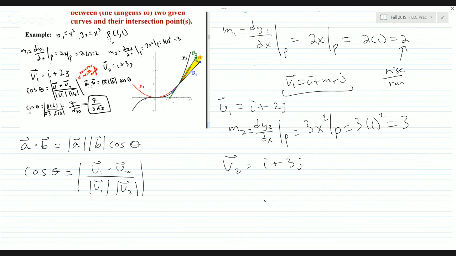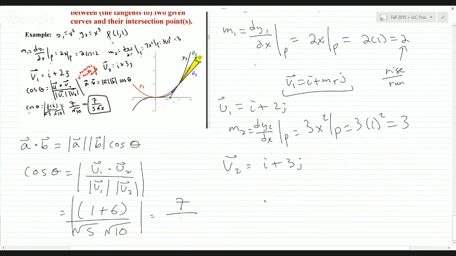This is equal to 1 plus 6 all over square root of 5 square root of 10. That's 7 over square root of 50, which is 7 over 5 square root 2.